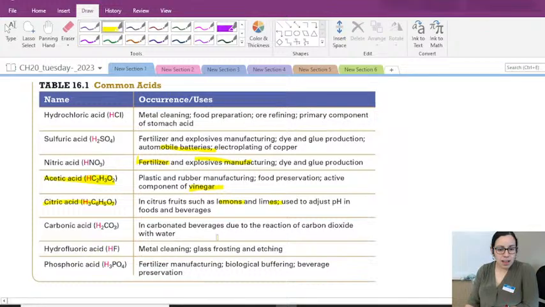Then hydrofluoric acid is super useful in metal cleaning and glass frosting and etching, so that's used a lot in silicon chip manufacturing and clean rooms. I generally don't work with hydrofluoric acid though. And then phosphoric acid is also used in fertilizer. It's a biological buffer, and also used in beverage preservation, so you'll see phosphoric acid in soda as well.